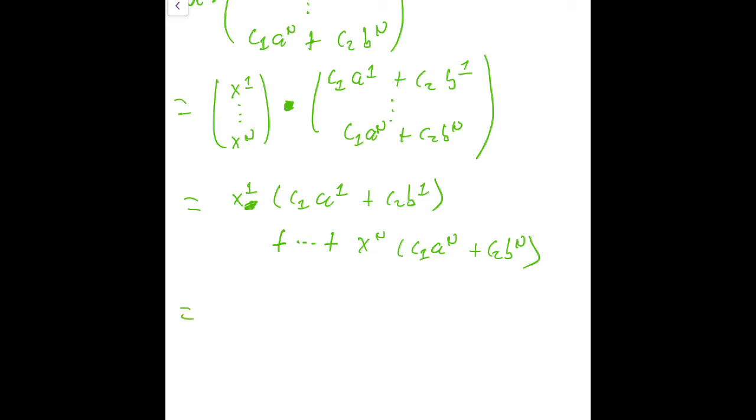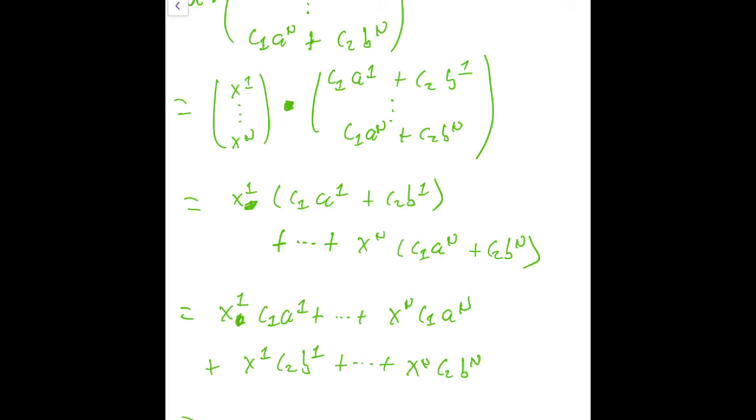So this is equal to x1 C1 A1 plus dot dot dot plus xn C1 An plus x1 C2 B1 plus dot dot dot plus xn C2 Bn.